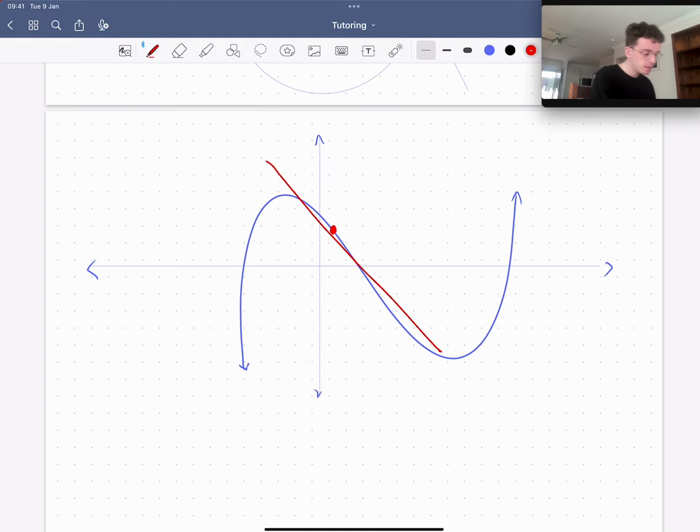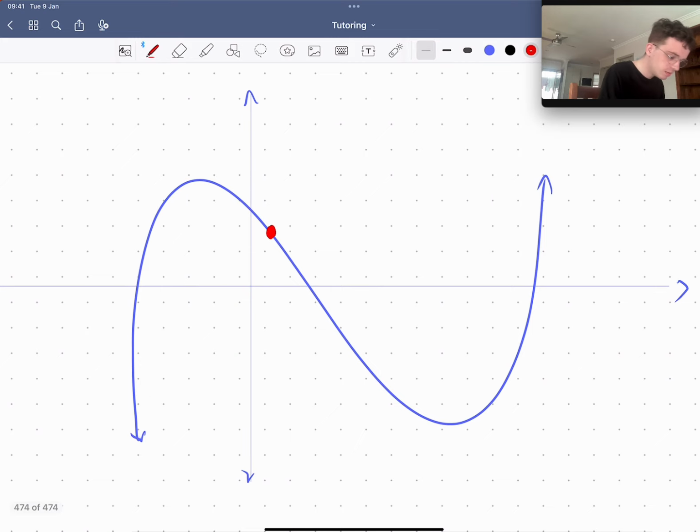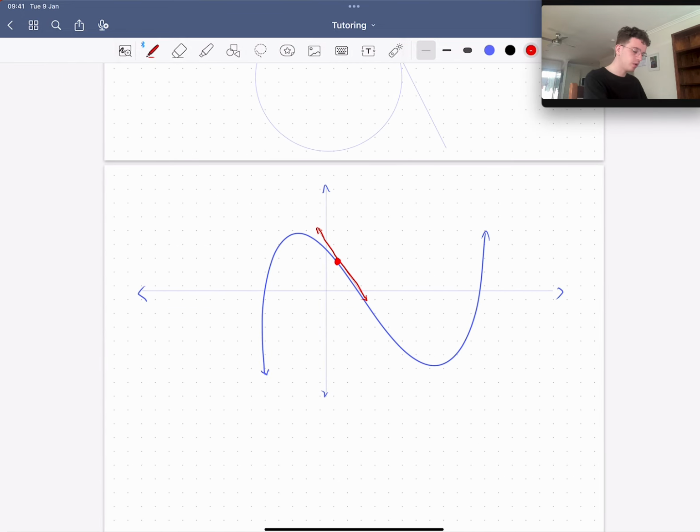Now remember, a tangent is a line that only touches the point once. So I'm calculating the gradient of the line that only touches this point once, and we call that a tangent. We'll make that a bit bolder. We're calculating the gradient of the tangent to the line at point x.